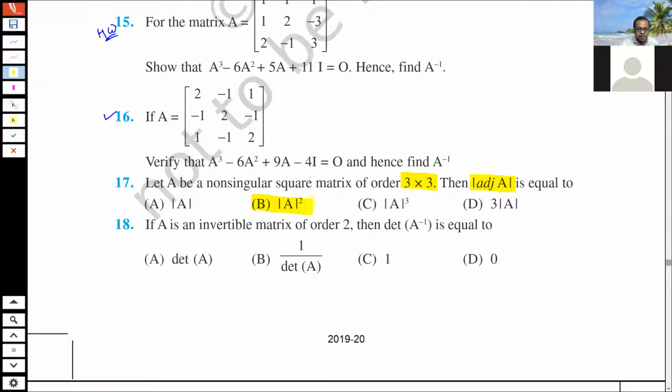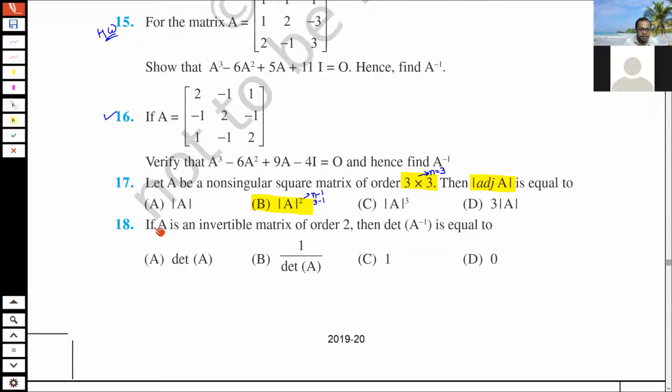It means that we will have power 3 minus 1. So I hope you are clear about the answer of question number 17. Now, next we have question number 18.